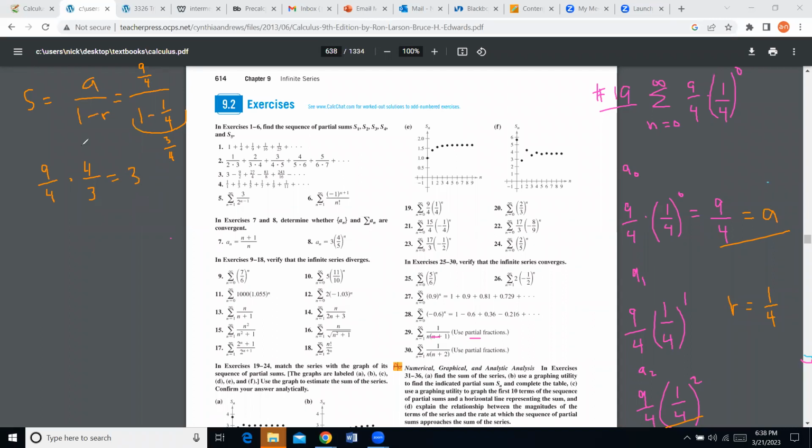Again, I can use this formula because my ratio is 1/4. It's less than 1. The ratio must be less than 1. It may be negative, it's fine, like here in exercise 21, where the ratio is negative.